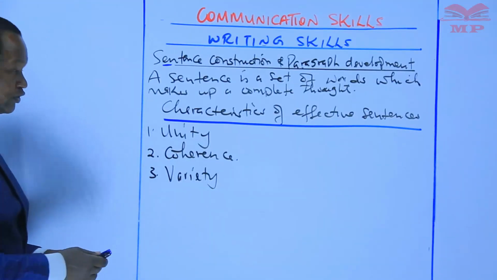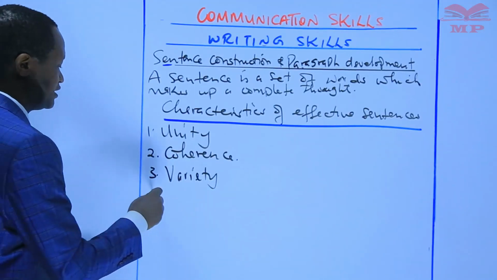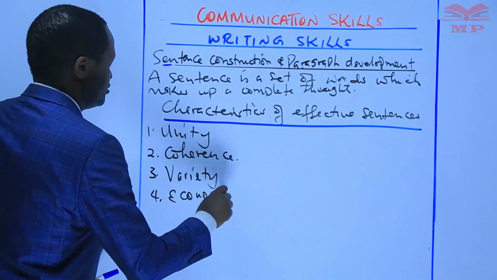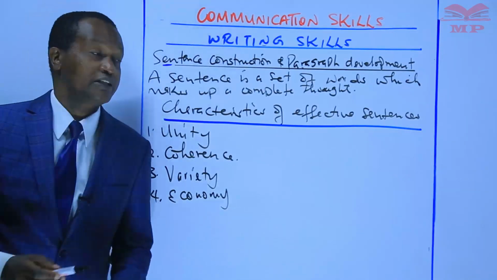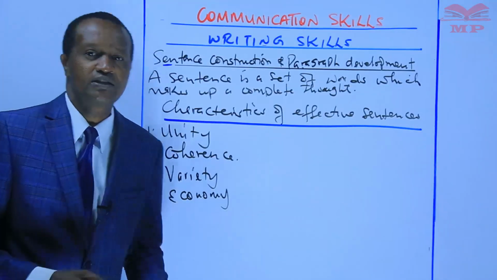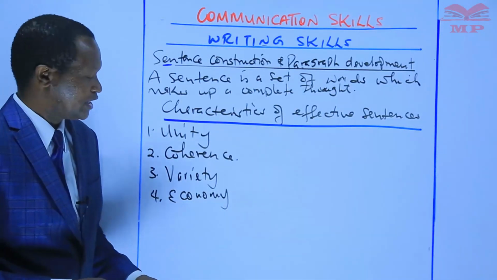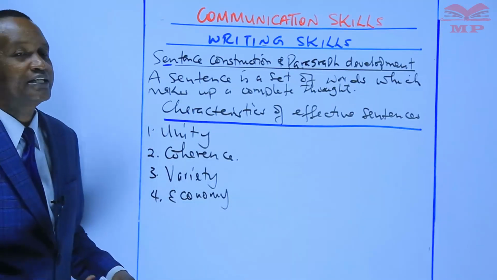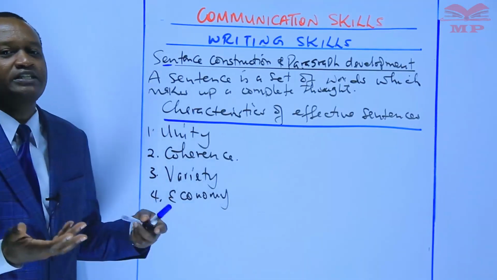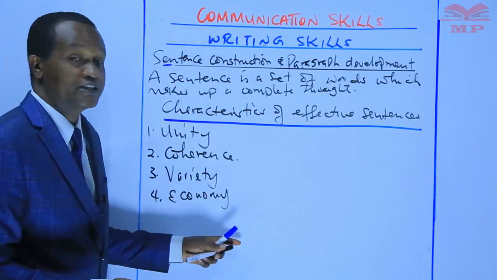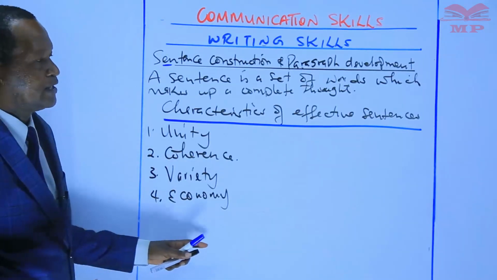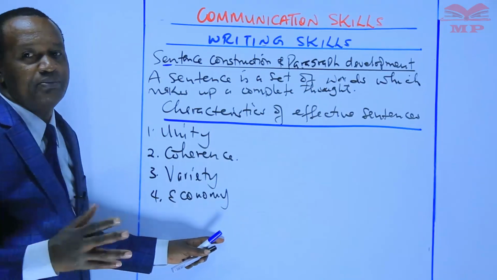The fourth characteristic is that of economy. Economy is another feature of an effective sentence. Now, candidates, by economy, I mean the effectiveness of a sentence. And the effectiveness of a sentence is judged by the number of words that are used to make a sentence take its shape.